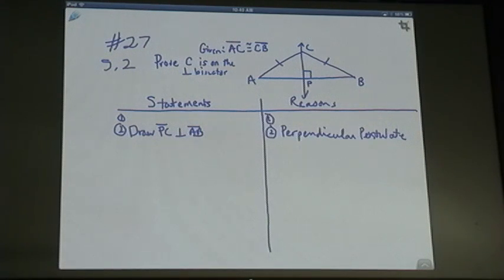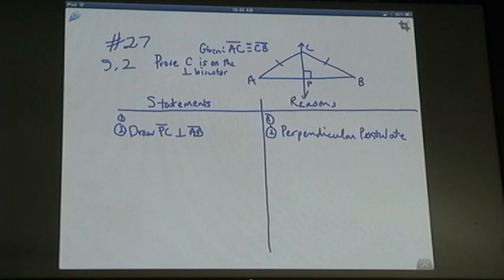Now, we're looking at these two triangles, and we need to prove that they are congruent, because what we're missing here is not the perpendicular part, a line perpendicular to AB, but the perpendicular bisector.